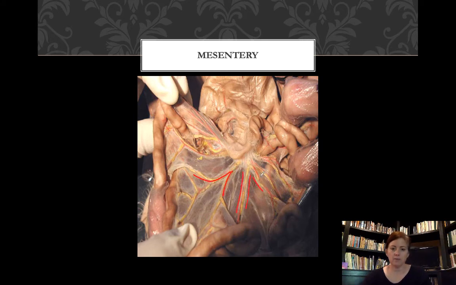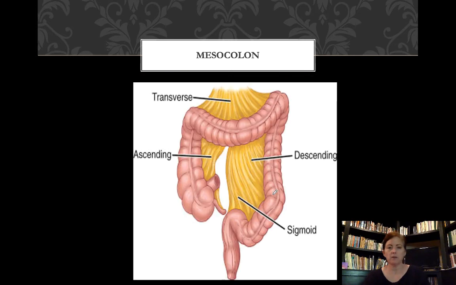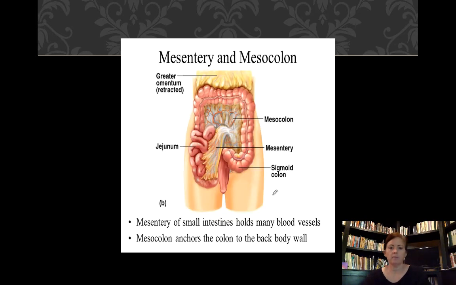It's going to have some fat associated with it as well. If you remember, we talked about blood vessels, the superior mesenteric artery. When we found them in cadaver lab and you spread those intestines out, you could see those vessels embedded within that membrane. That is mesentery. So mesentery is the structure that the blood vessels reside in.